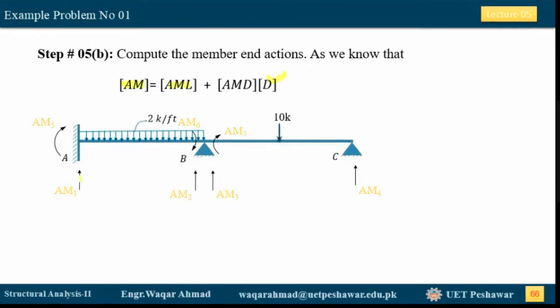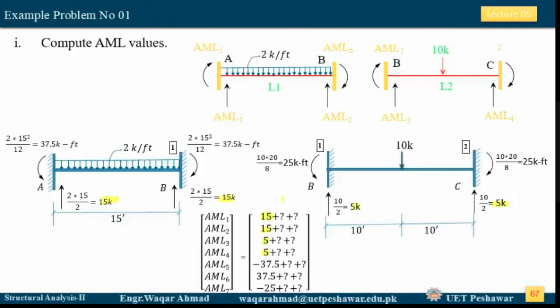Okay, so if the fixed end action is exactly in the same direction of your chosen direction of these AM values, you will be taking it as positive. Else you will be taking them negative. I hope you are getting this, and we did explain this in the last problem also.